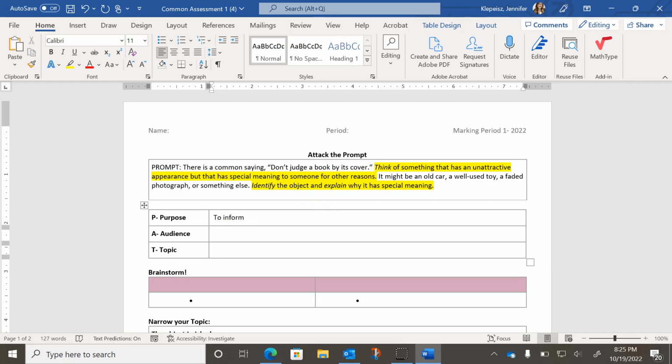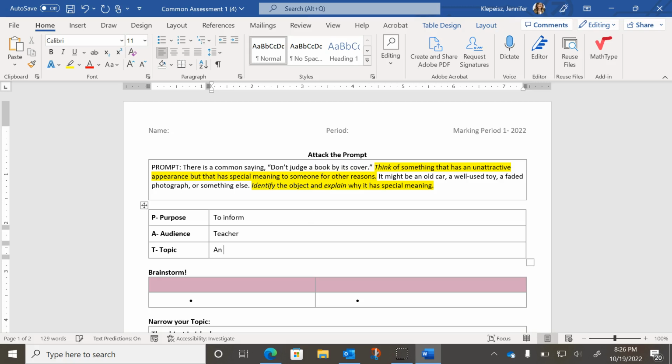Next, we have our audience. Who is the target audience for this? Since it doesn't tell us anything specific, we're going to go with our teacher, so that we remember that it needs to stay formal. And then finally, our topic. What does the prompt want us to write about?